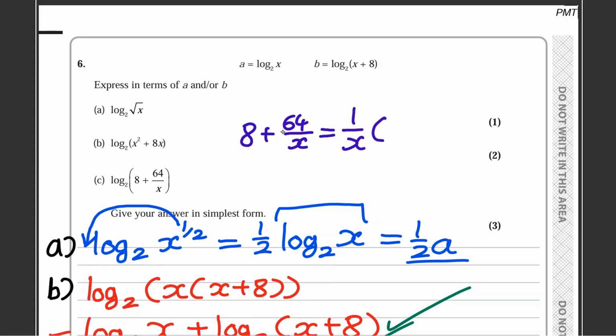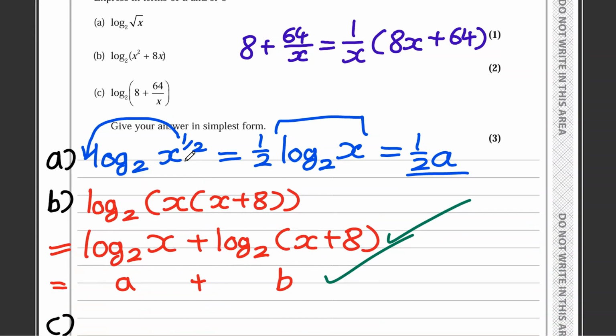So if we start with factorizing out 1 over x from 8 here, this would be 8x, because if you do 8x multiplied by 1 over x, this x will cancel out with this x denominator to just leave us with 8. And then this is plus, and then if you factorize out 1 over x from 64 over x, it's going to be 64 like this here.